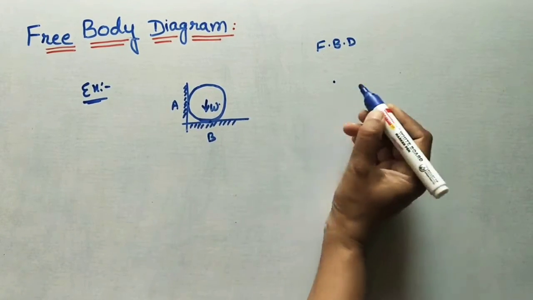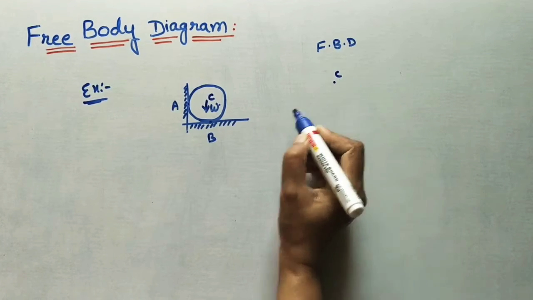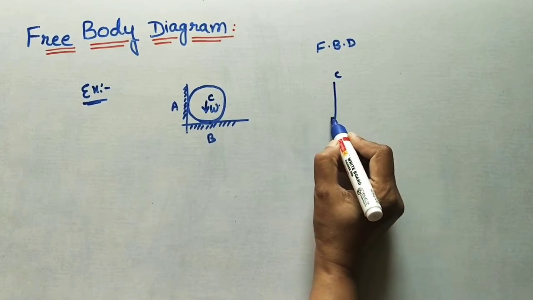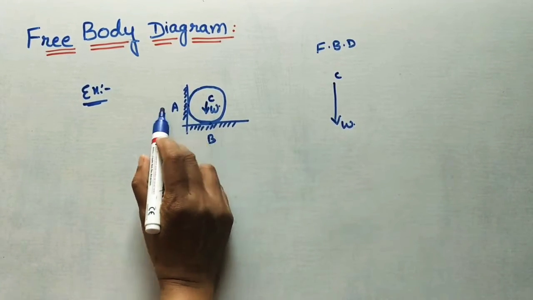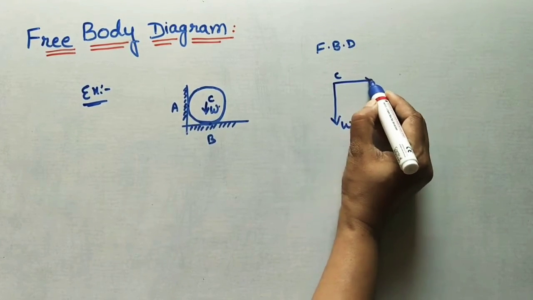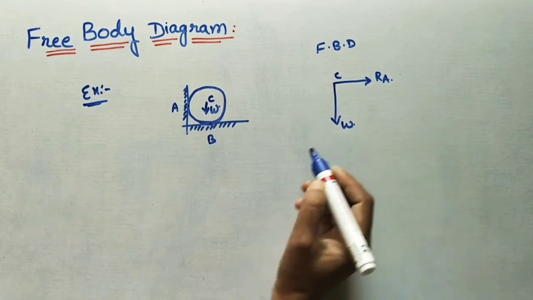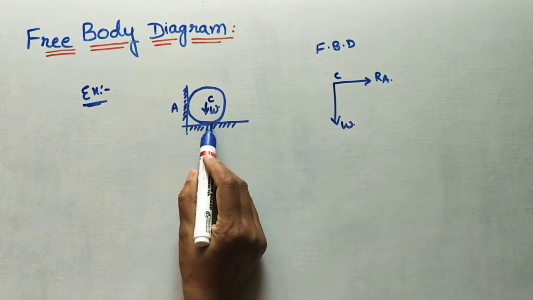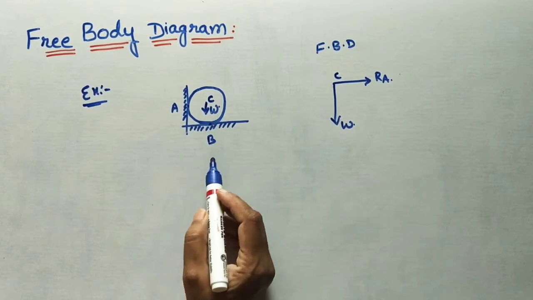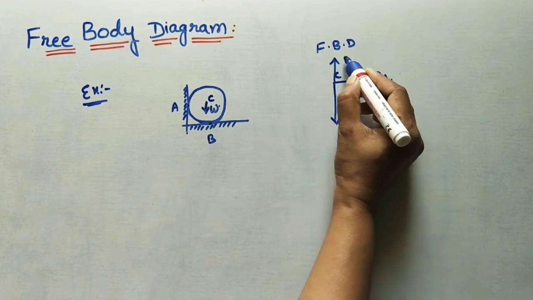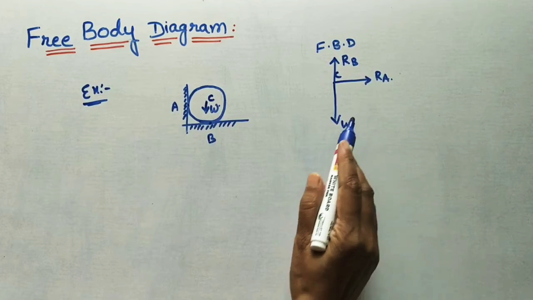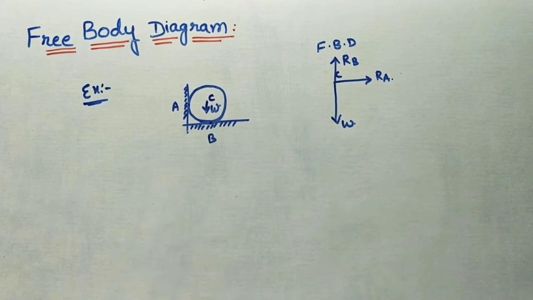This is the center C. At C first I am applying the W force, and the reaction at A point is in horizontal direction like this, RA, and the reaction at B point because of this contact surface, RB, is in upward direction. This is the free body diagram of the given object.